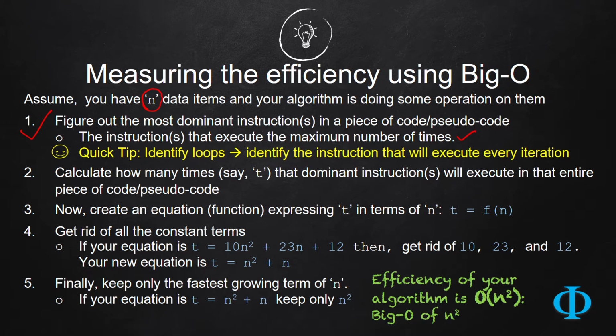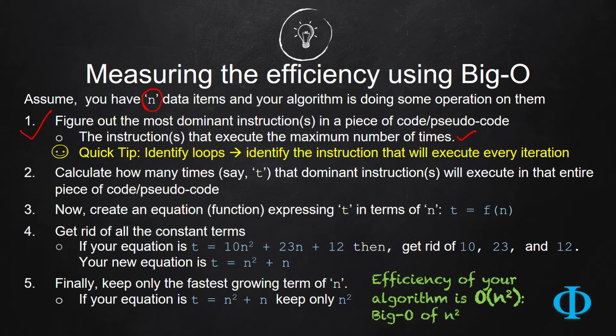To find the most dominant instruction, I can share a quick tip with you all. If your program is a simple sequential program without any loop, then you really do not need to worry about the most dominant instruction. It is very straightforward. You can just count how many times an instruction is executing.